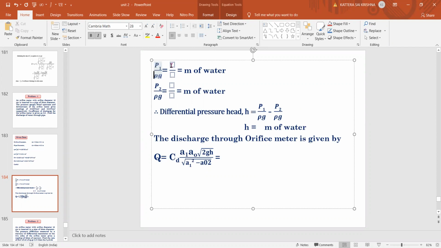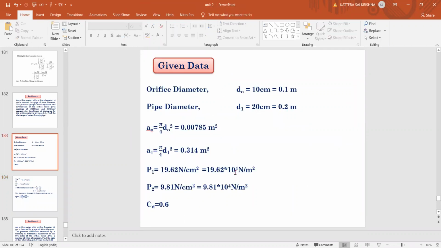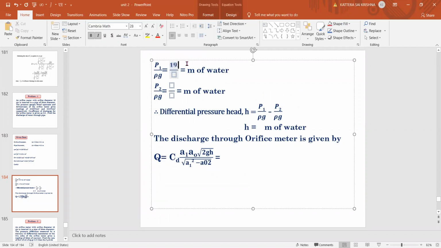P1 by rho G is equal to, so what is the pressure given to us? 19.62 into 10 power 4, divided by the density. What is the fluid flowing at section 1? It is water, and the density of water is 1000, so 1000 into 9.81.